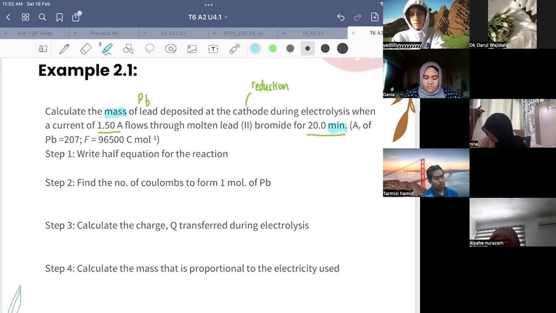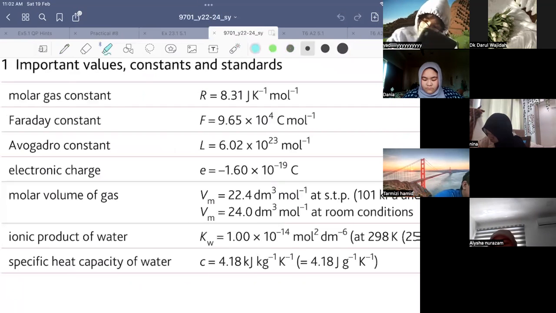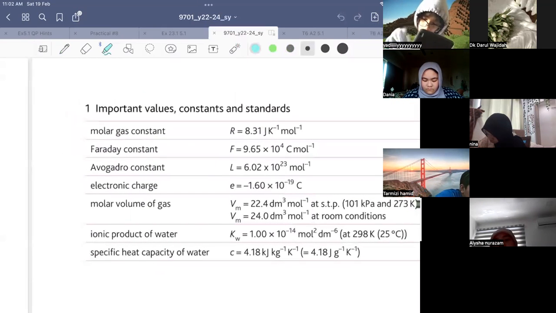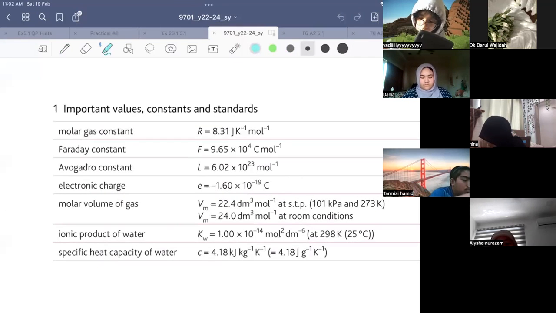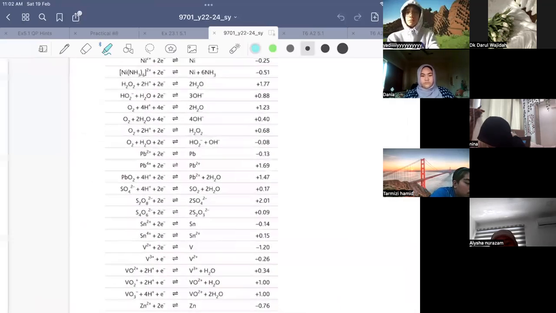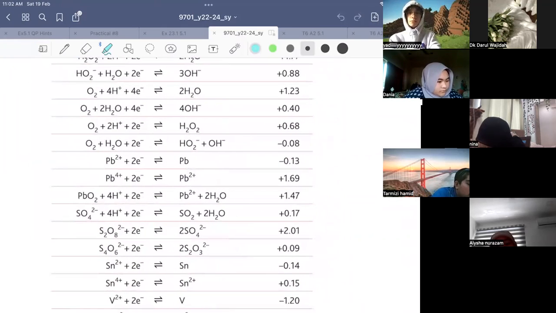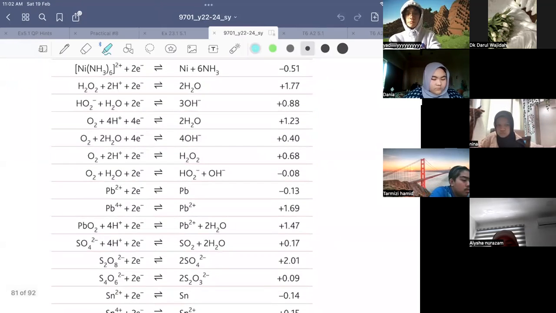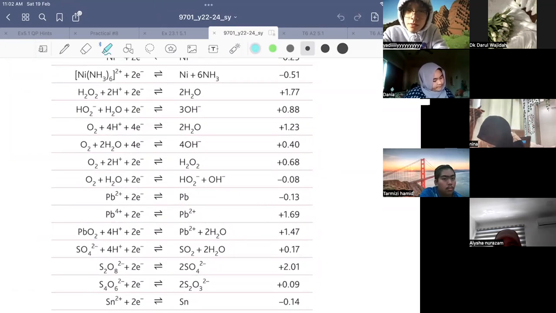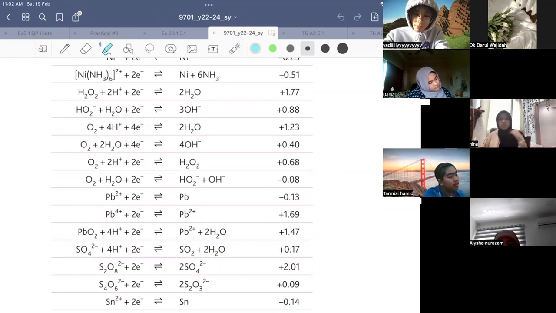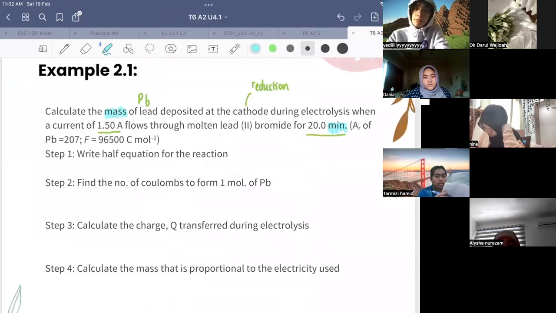First we start by writing down the half equation for the reaction. Lead undergoes reduction.